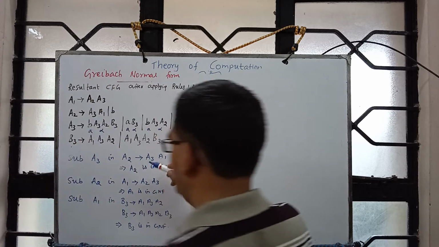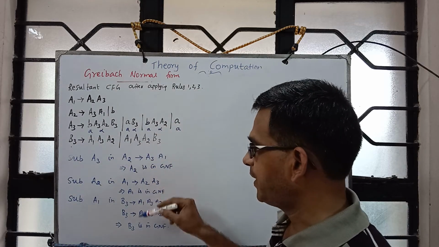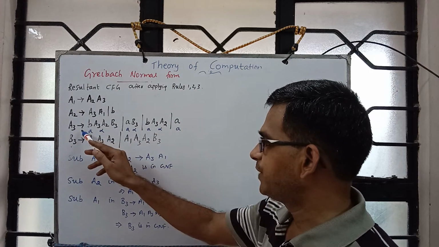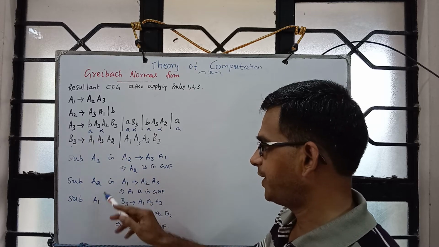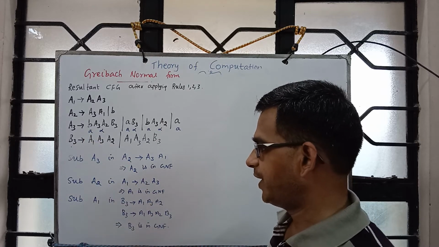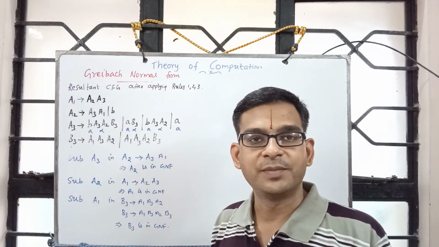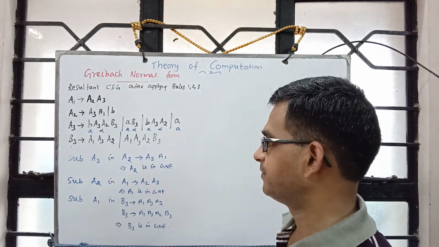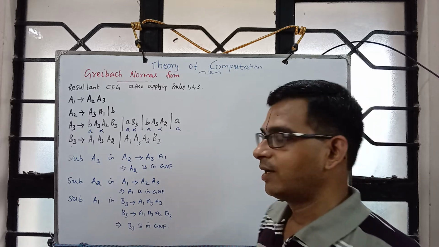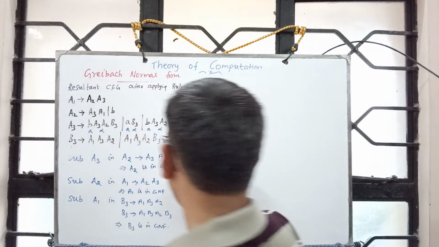So by systematically applying first A3, followed by A2, followed by A1, we see that the resultant grammar is in GNF. Fine. Hope you are all with me?